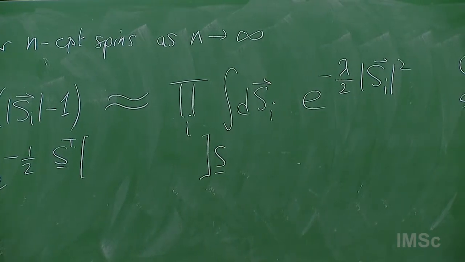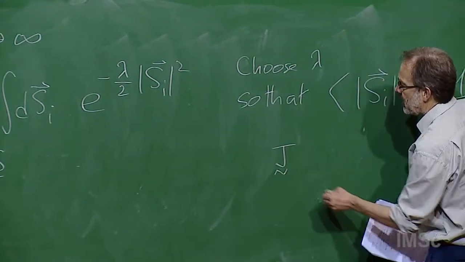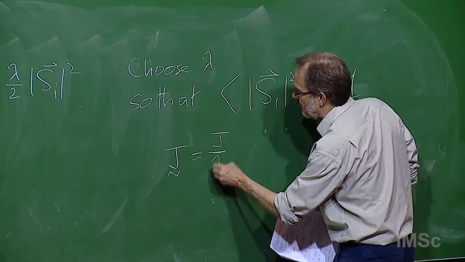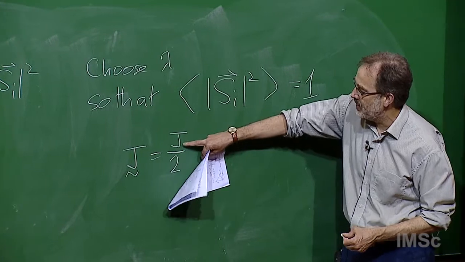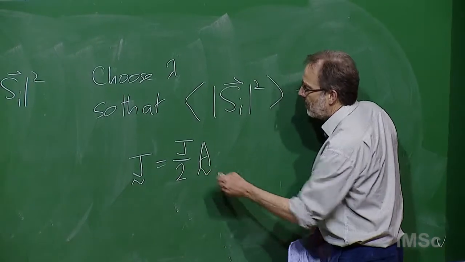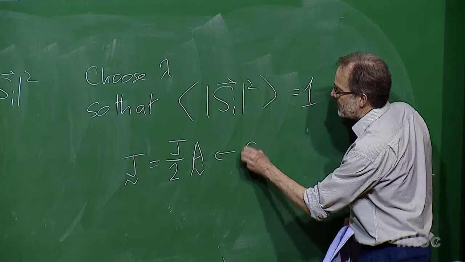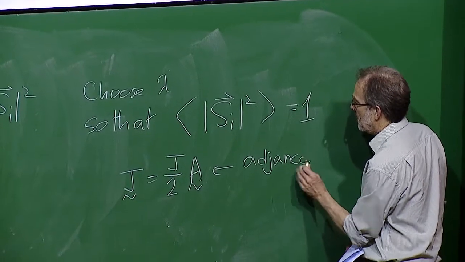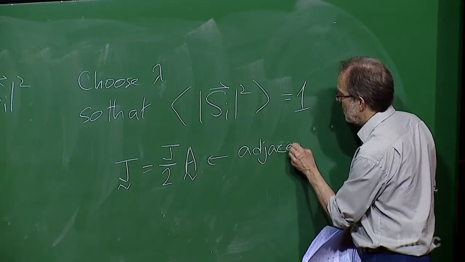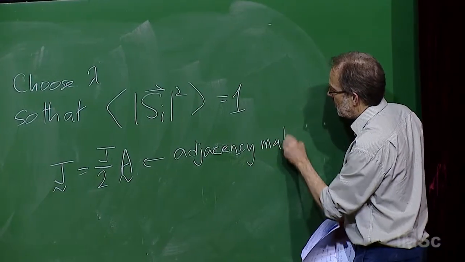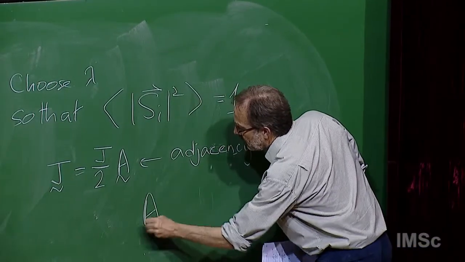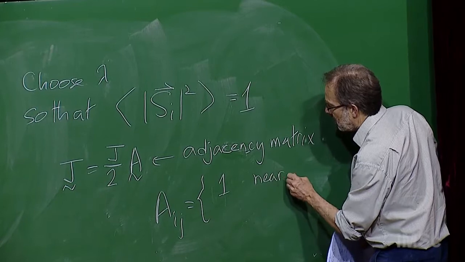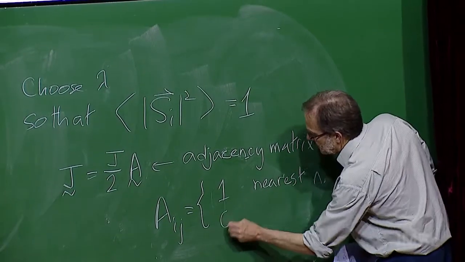and then as some notation, I had this matrix J, let me write it, because I'm going to be thinking about systems with only a single coupling strength, let me write it as J over 2, where J is the single coupling strength, times a matrix A, which is known as the adjacency matrix, which has the property that it's 1 for nearest neighbors and 0 otherwise.